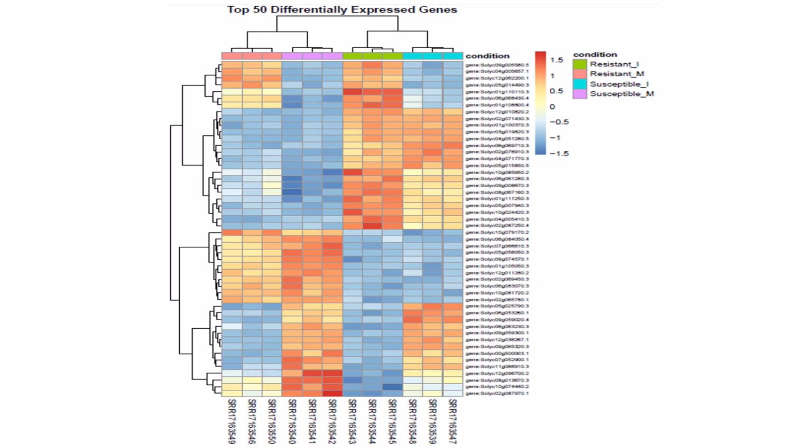Samples with similar expression profiles clustered together, which again validates the reproducibility of the replicates. The heat map helps visualize coordinated gene regulation and reveals groups of genes that may participate in the pathogen response mechanism.